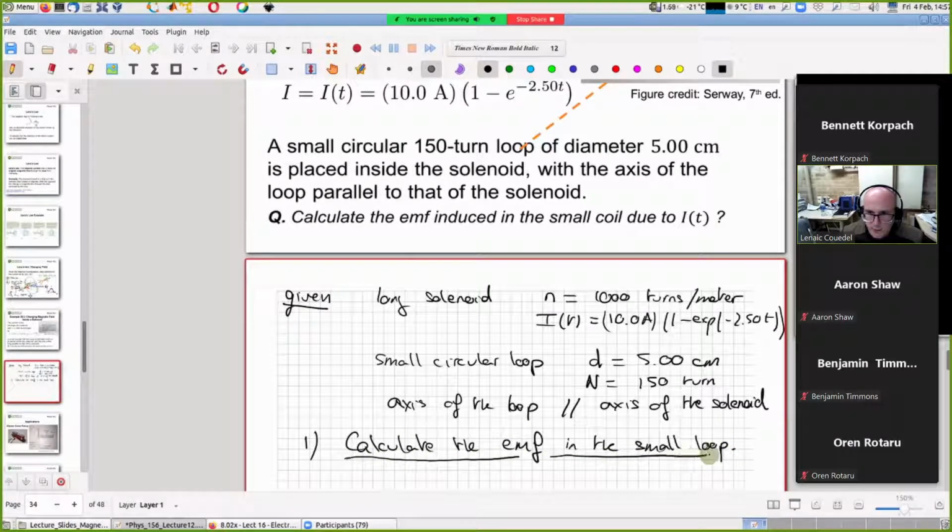Any idea of what the steps are to actually get to the answer? What would you do? No one?